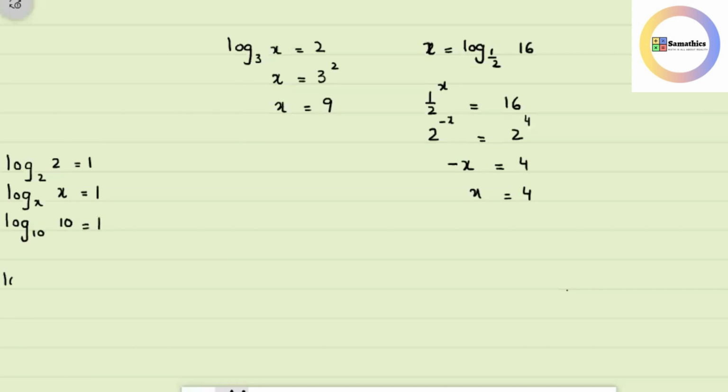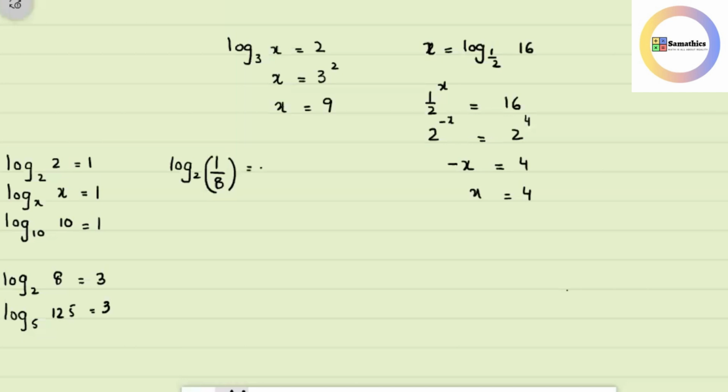Now if I write here log 2 of 8, can you write down its answer? What is the power of 2 which will give the result as 8? 3. If it is written log 5 of 125, what is the power of 5 which will give 125? 3. In the same way, if we have log 2 of 1 upon 8, what would be the power which will give the result as 1 upon 8?